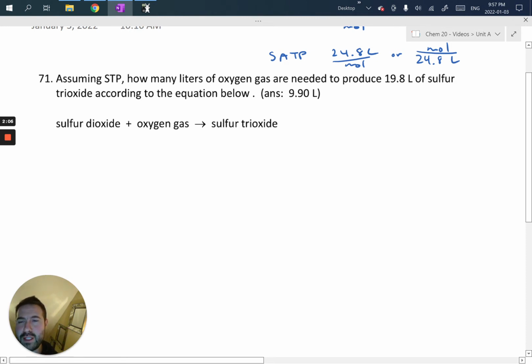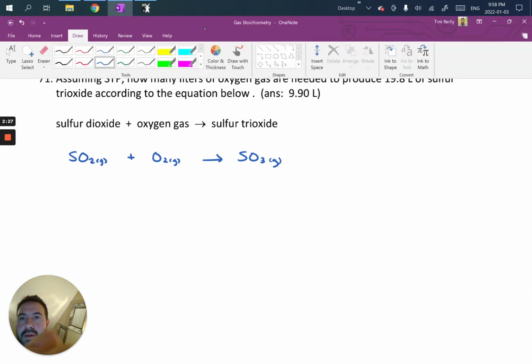Okay, this one's a little tough to balance, I think. Sulfur dioxide, SO2 gas, plus oxygen gas produces sulfur trioxide gas.